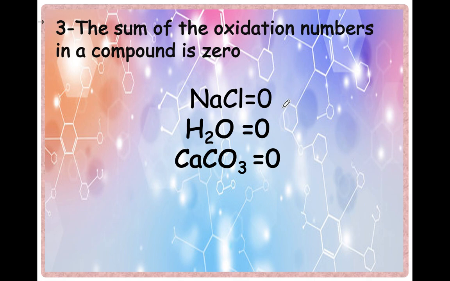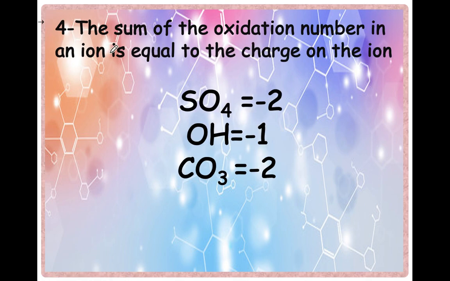Sodium chloride equals 0, water equals 0, calcium carbonate equals 0. The summation for any of these compounds always equals 0. The fourth rule says that the sum of the oxidation numbers in an ion is equal to the charge on the ion.